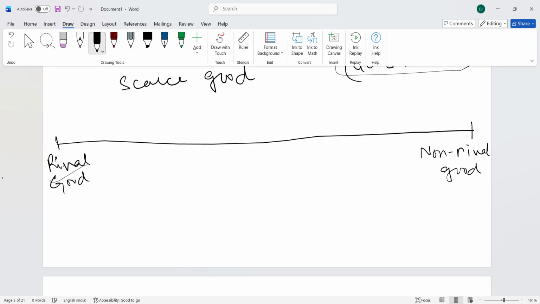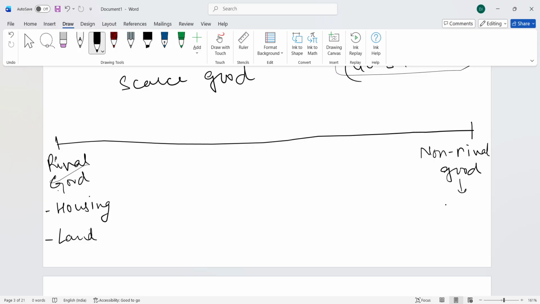Okay, an example of a rival good could be your housing, or your land. An example of a perfect non-rival good, I would say, is very, very rare.